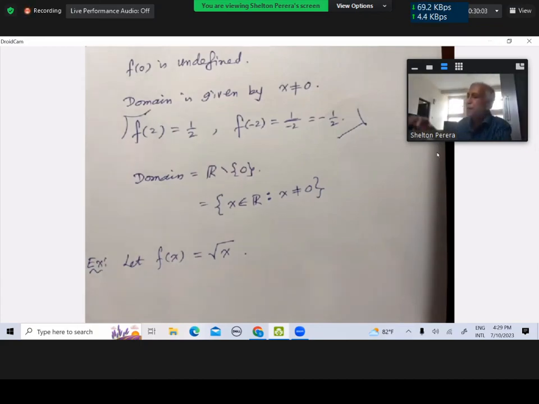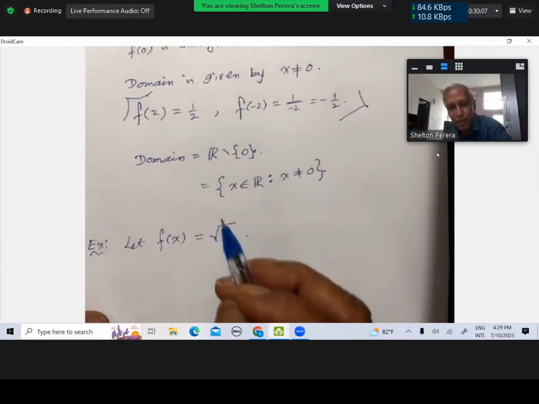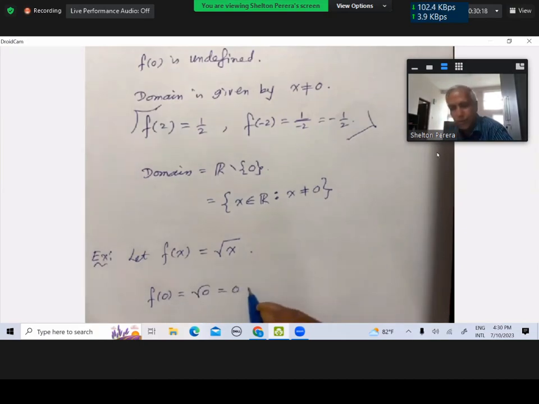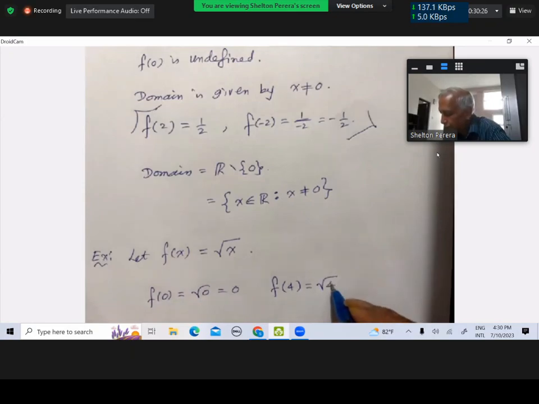What is the domain of this function? Input 0. Then square root of 0 is equal to 0. That's okay. Input 4. It is square root of 4.